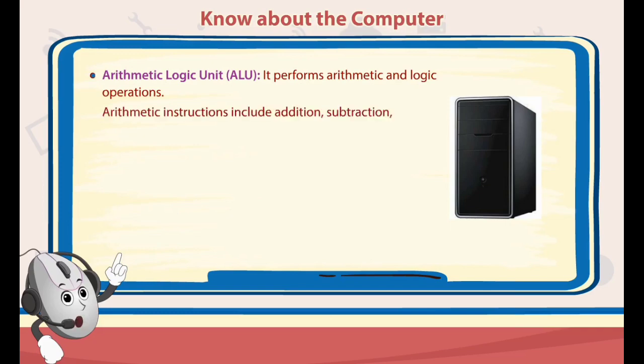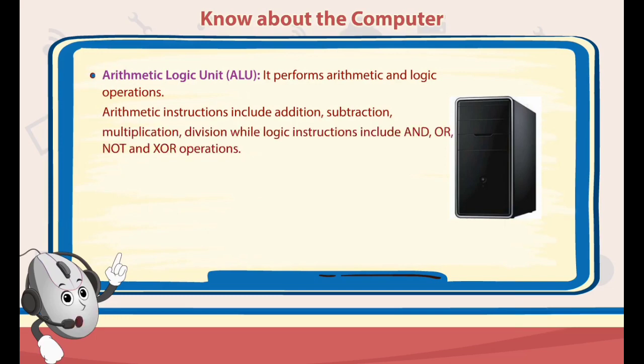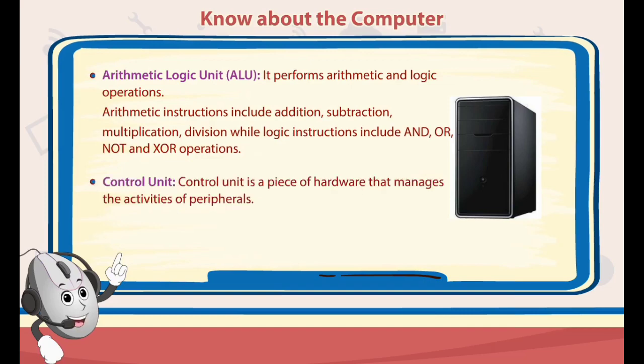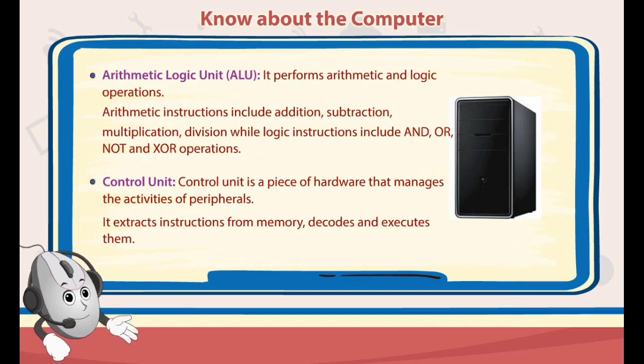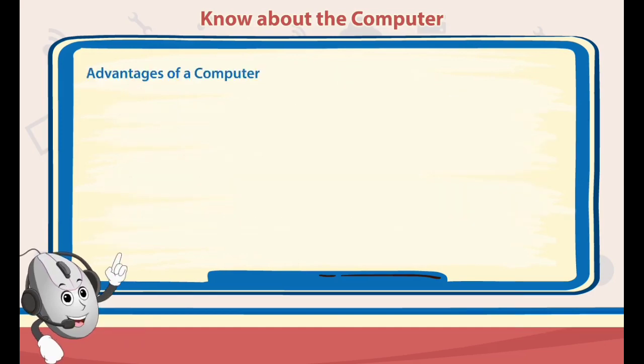Arithmetic instructions include addition, subtraction, multiplication, and division, while logic instructions include AND, OR, NOT, and XOR operations. Control Unit. Control unit is a piece of hardware that manages the activities of peripherals. It extracts instructions from memory, decodes and executes them.